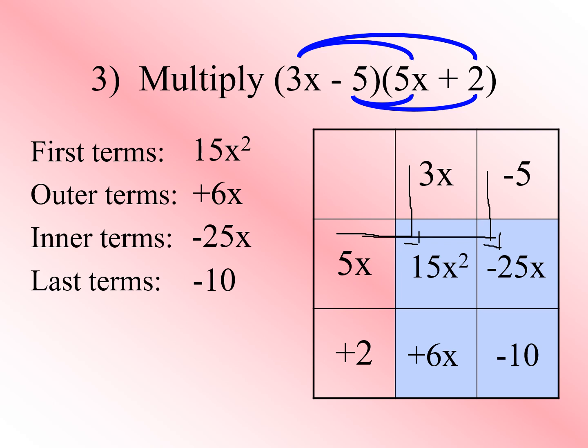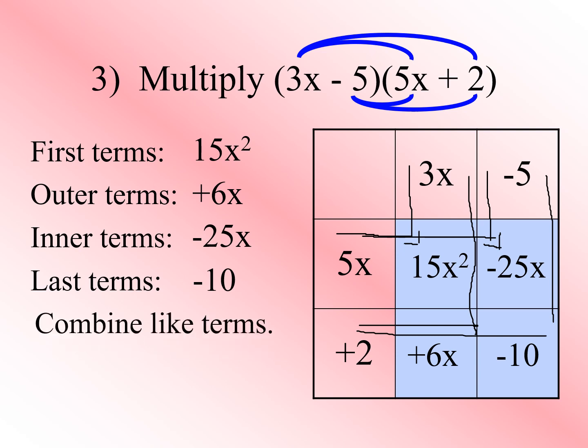And if we multiply 3x with positive 2, this is also where we put our answer. And if we multiply negative 5 with positive 2, this is where we also put our answer. So there are designated boxes for each product, no? For each product. All right.